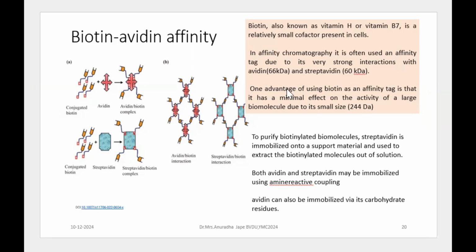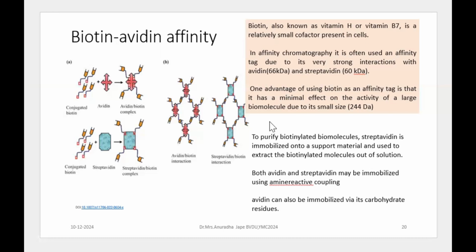So when I'm selecting a pair of any biologically interacting molecules, the molecules with biological specificity, I have to first see that are they interacting, are they strongly interacting, and even if they are strongly and selectively interacting, are they getting departed, or does the interaction weaken easily under simple or minimum pH, minimum ionic strength. So it should not hinder or interfere or destroy or disintegrate or denature the biomolecule. That is very important, right?